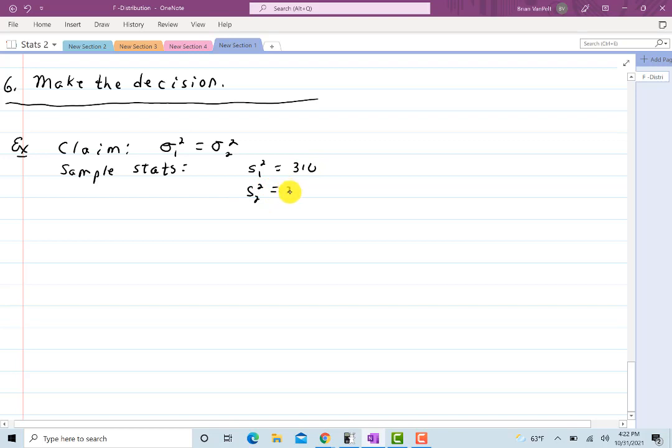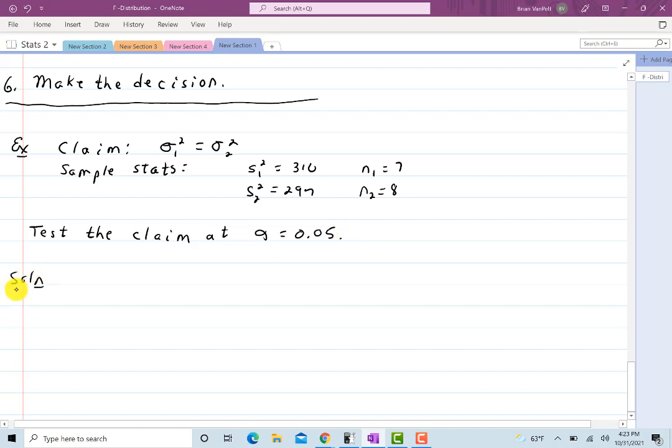S2 squared equals 297. I like what I'm seeing right now because the S1 squared is bigger. N1 equals 7. N2 equals 8. Let's test the claim at alpha equals 0.05.